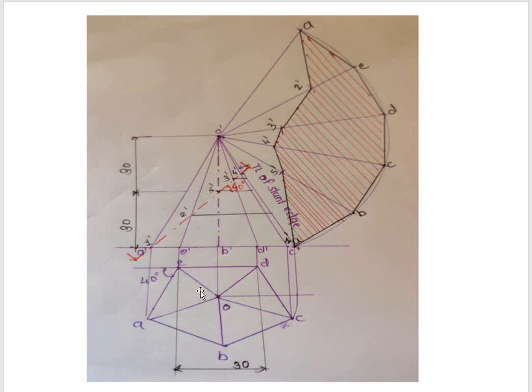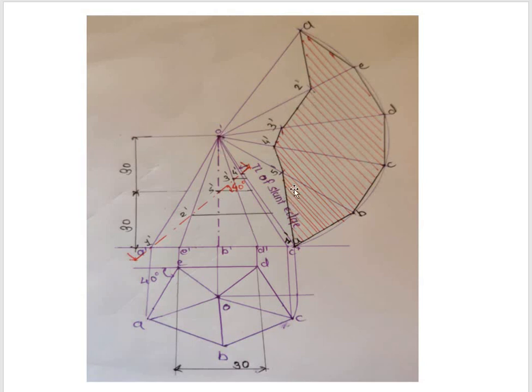As A B C D we have given the pentagon name, so give also the name for the sector points as A B C D E and again A, and whatever points the AIP cuts on the generators, name them 1 dash, 2 dash, 3 dash, 4 dash. Then take the distance in the compass O dash 1 dash, then this is the O dash 1 dash. Okay, again O dash 2 dash, this is the distance O dash E dash. Okay, so O dash E dash, mark this as O dash 2 dash.